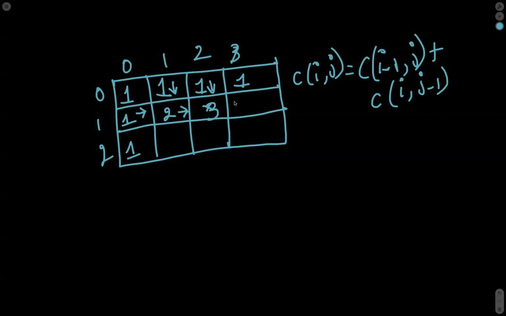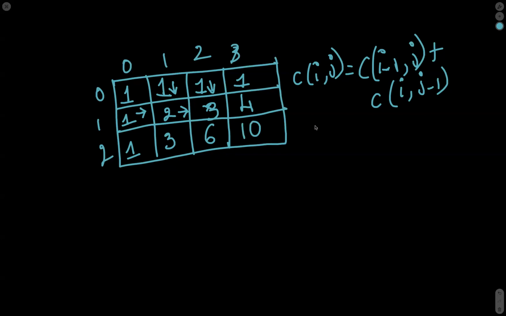In the same way, to reach this cell, left and top, that would be 3 plus 1, that is 4. And to reach this cell, left and top, it would be 2 plus 1, 3. And here it would be 3 plus 3, total 6. And here the total count would be 6 plus 4, that is 10.